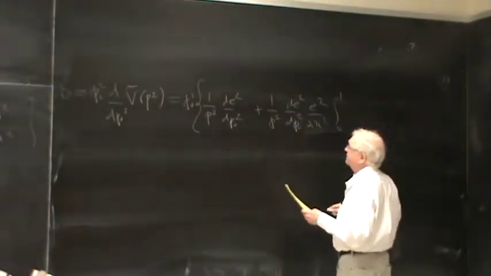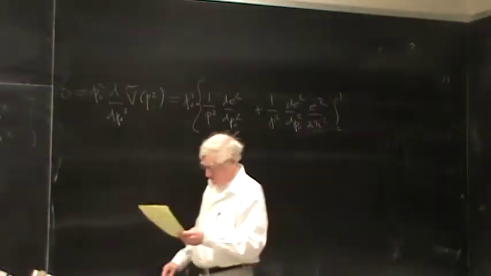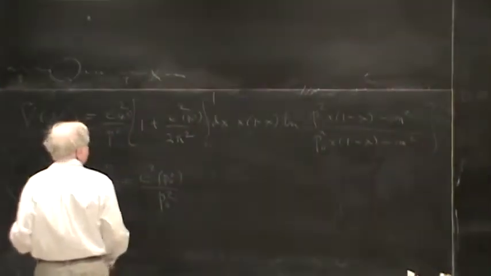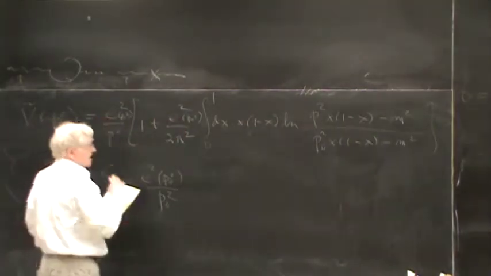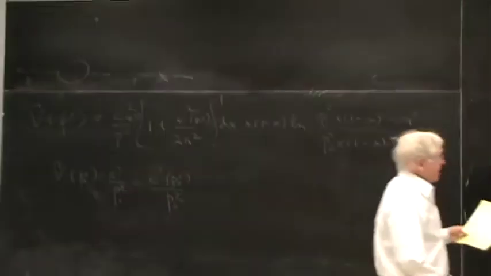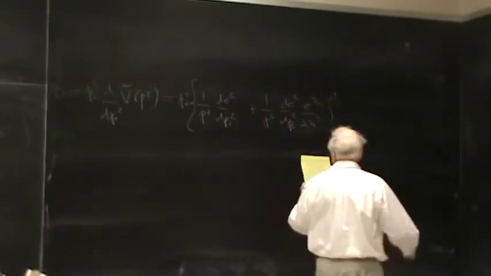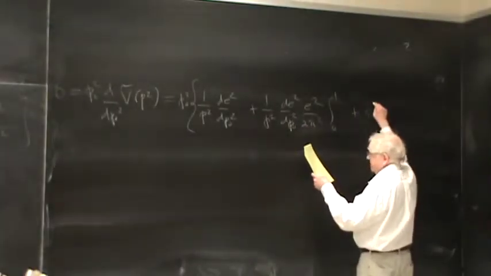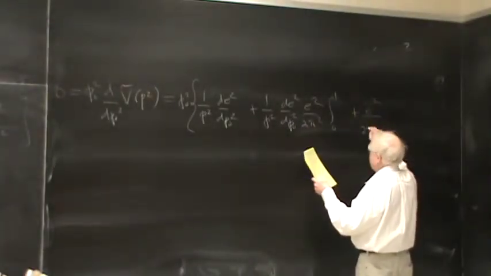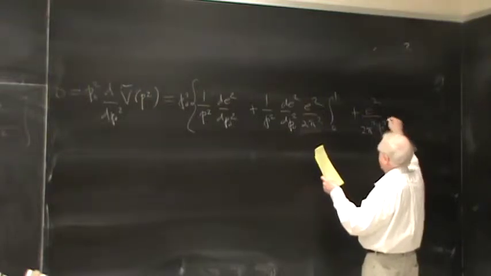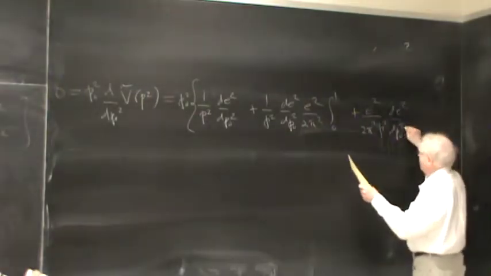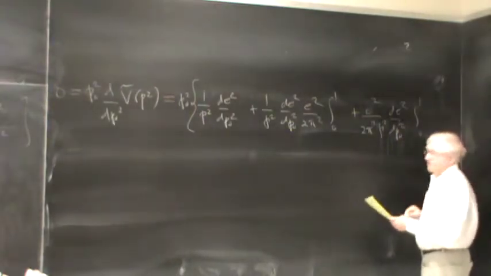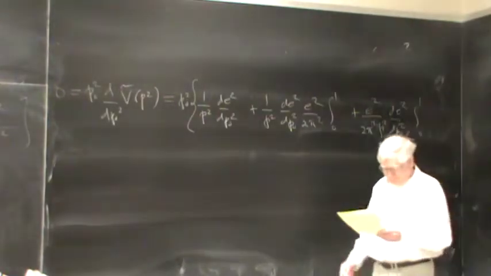I'll just write it as the integral, because otherwise we're going to have too much notation. And then you can differentiate this, keeping this constant, and altogether that is e squared over 2 pi squared p squared dE squared dp0 squared, and then I'll just write this as an integral sign.